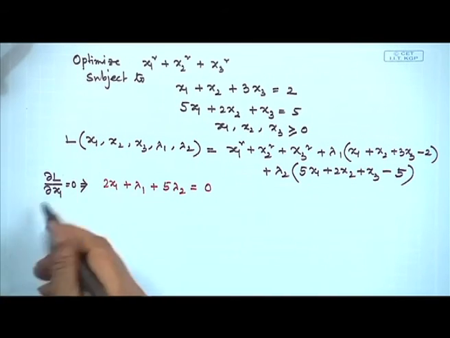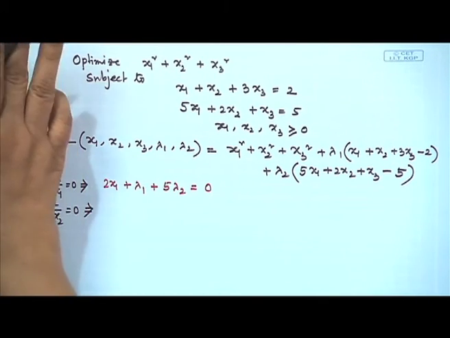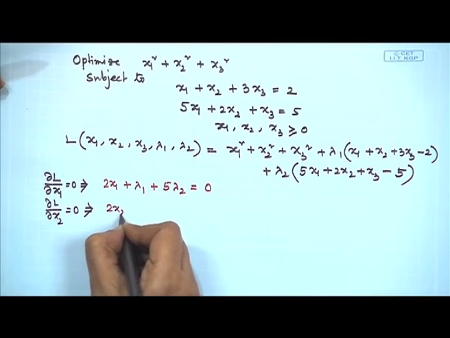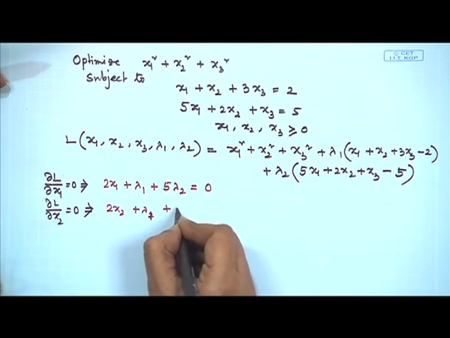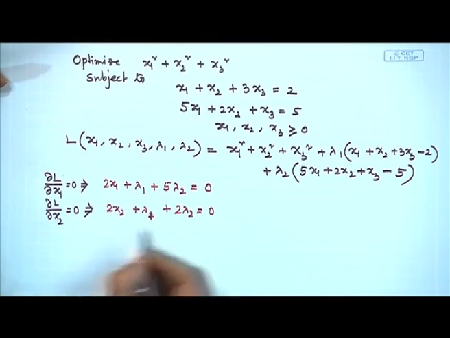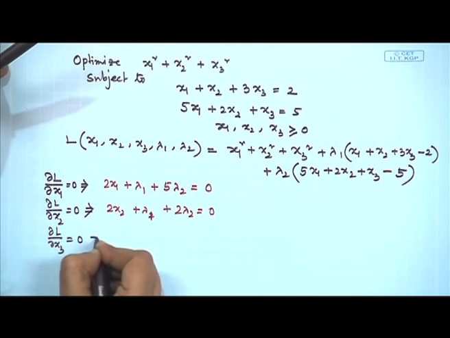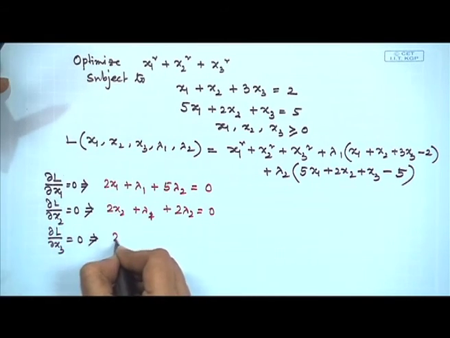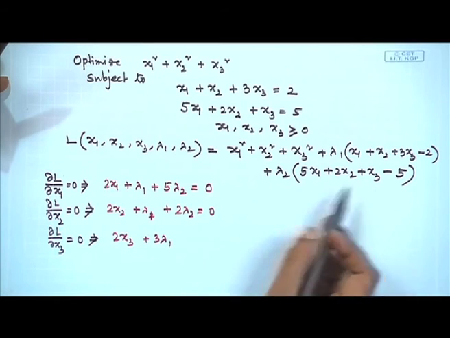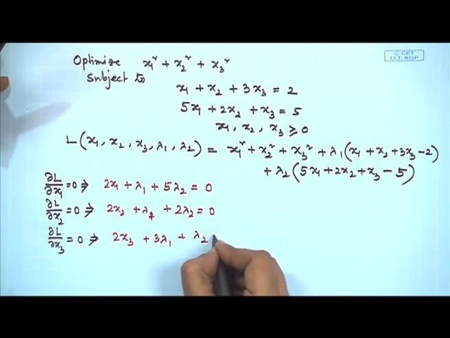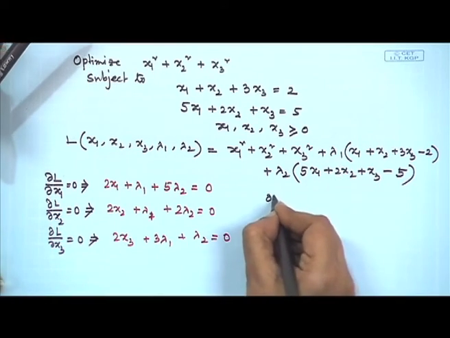The second one, del L by del x2 equal to 0, gives us 2x2 plus lambda 1 plus 2 lambda 2 equal to 0, and the third one, del L by del x3 equal to 0, gives us 2x3 plus 3 lambda 1 plus lambda 2 equal to 0.